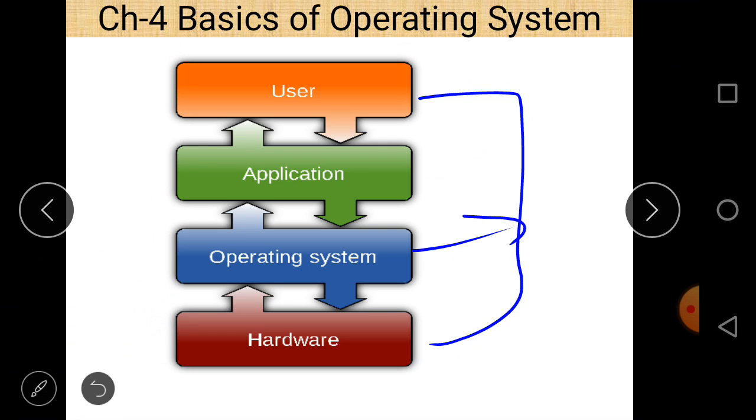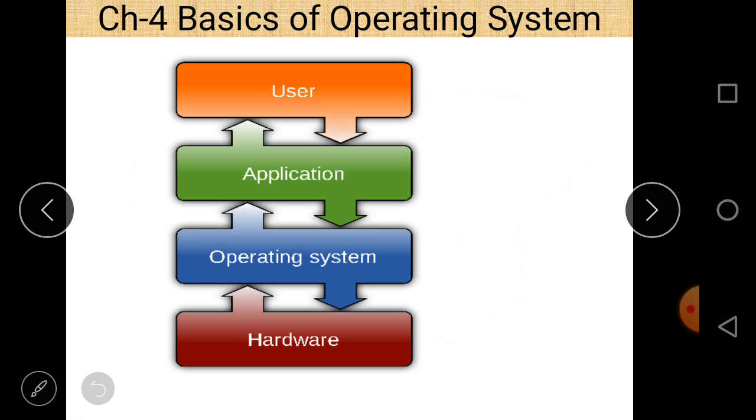This is the simplest definition of an operating system. The concept is very simple, and you can easily see in the diagram there is an arrow in both upward and downward direction. It means data can be taken or given by the operating system.